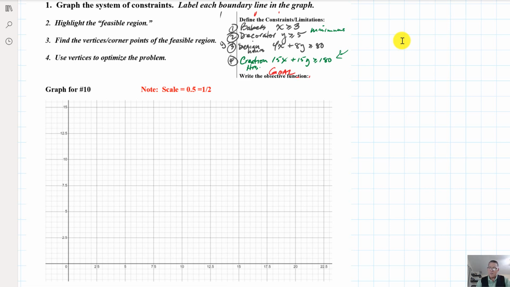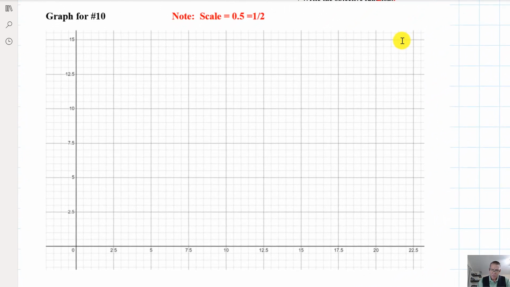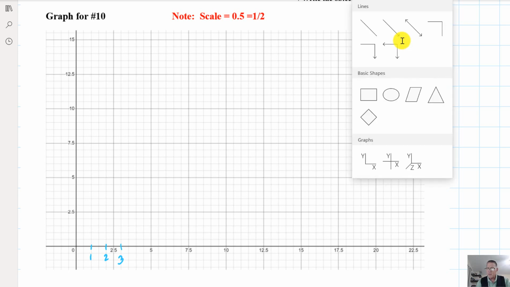Let's color code these inequalities. So the first one, x greater than or equal to 3, you've got to find 3. So here's 1, and there's 2, 2.5, and there's 3. So be careful there. The scale is 1/2. So let's graph it as a vertical line here.